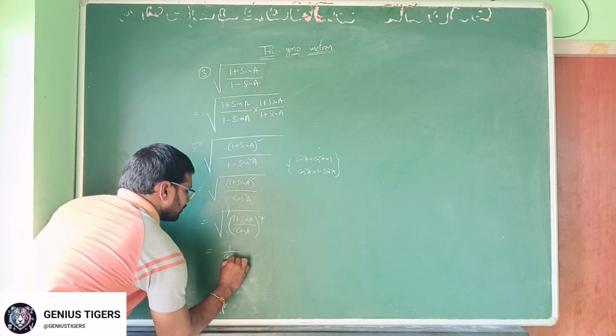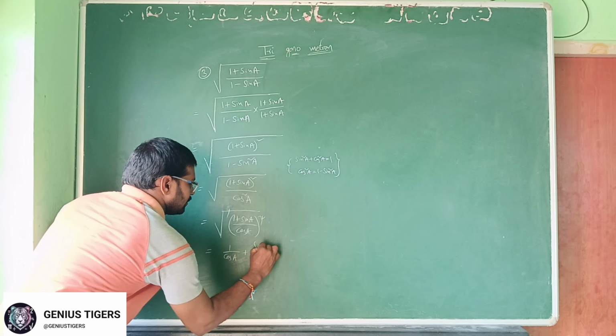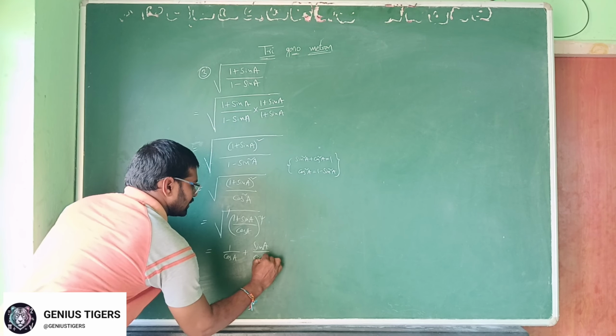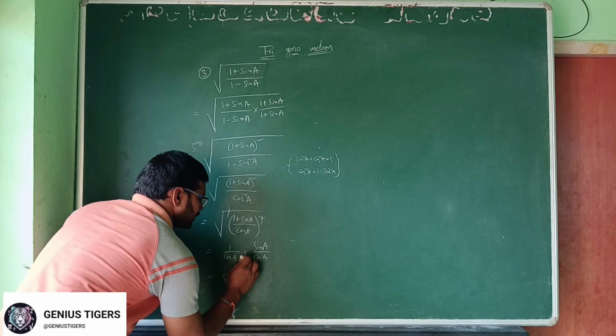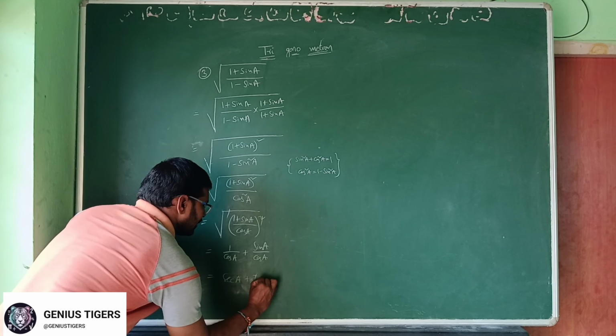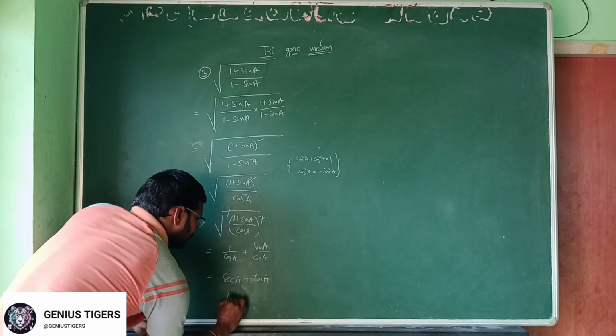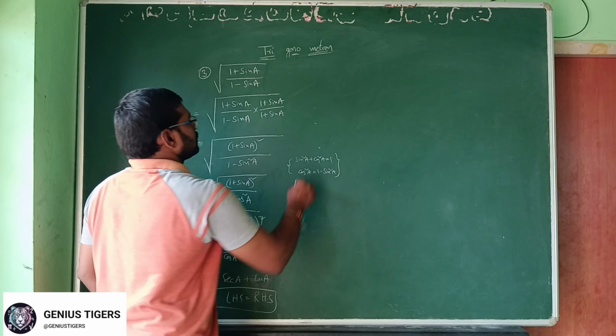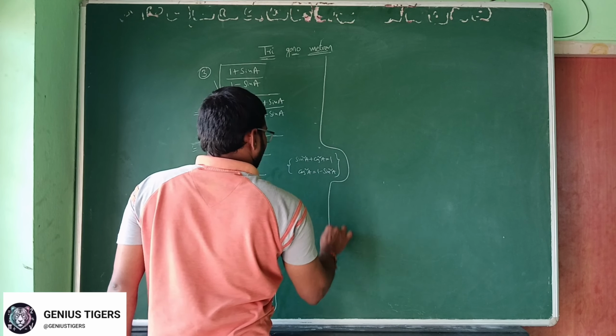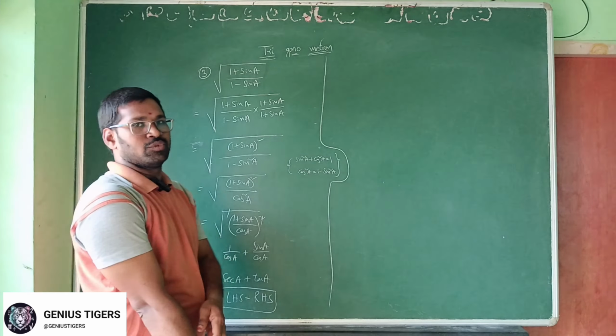Separately you can write 1 by cos A plus sin A by cos A. 1 by cos A is secant A, sin A by cos A is tan A. Therefore LHS equal to RHS. So we conclude that LHS equal to RHS. That is the most important.